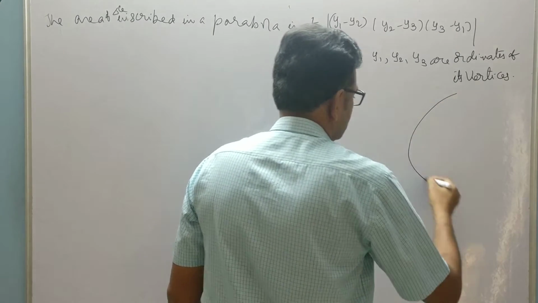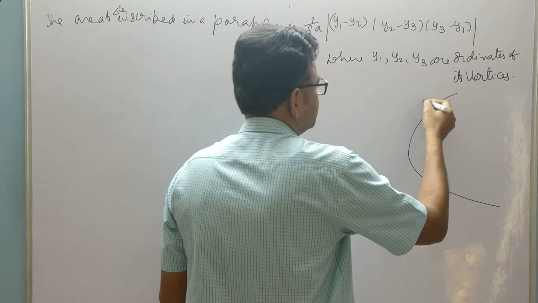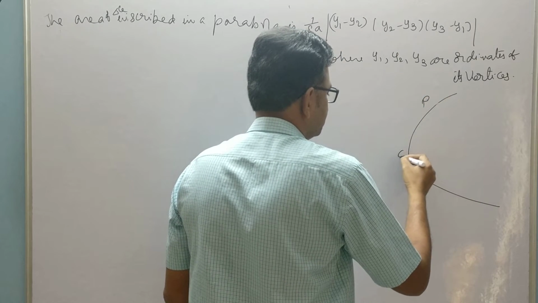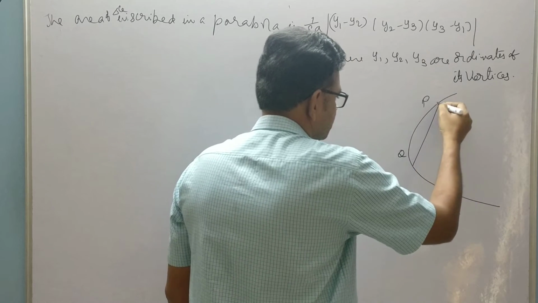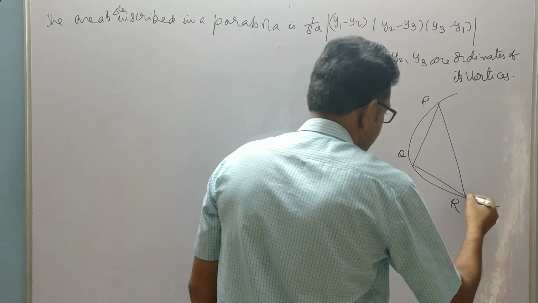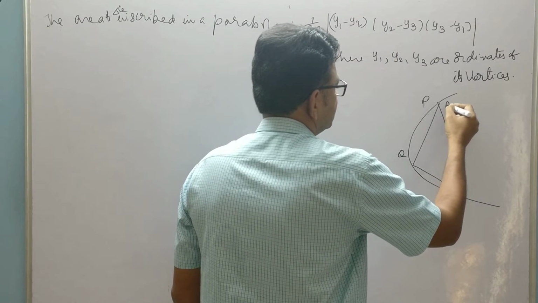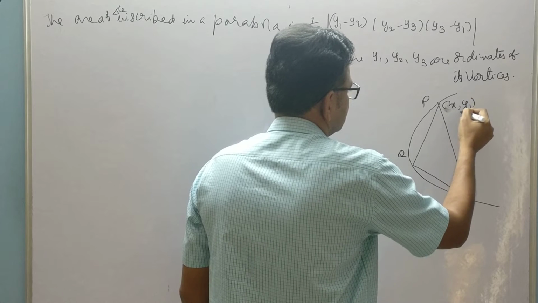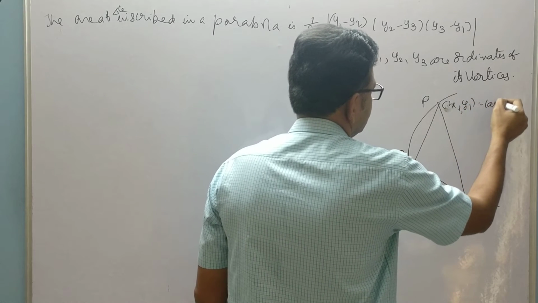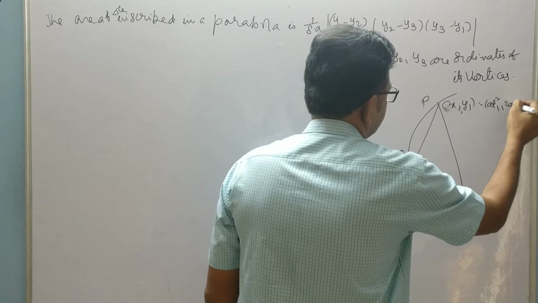See here, this is the parabola. So one point is P, one point is Q and one point is R. So the 3 points form a triangle. The point P is (x1, y1), that is (a t1 square, 2a t1).